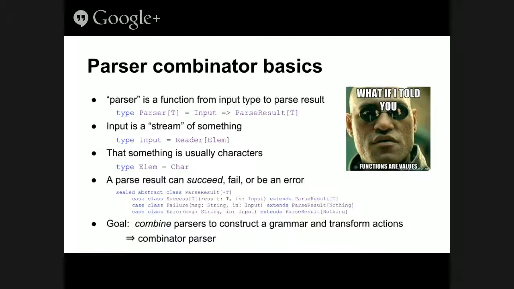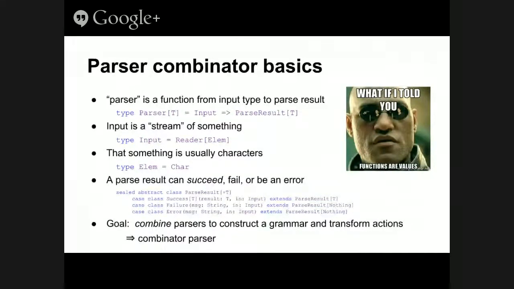So the parse result at the end of parsing an arithmetic expression would be a real number. You've got all these little pieces, but at the end you just want a real number. That's what the T would be in this example.